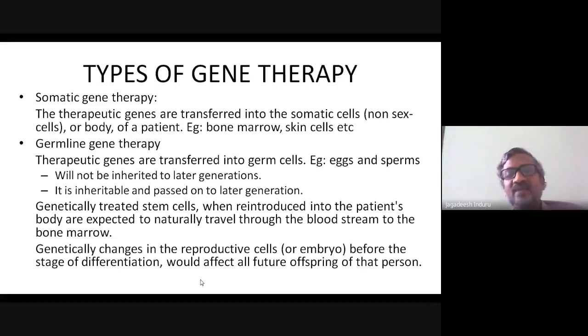So why can't we change the defect in the reproductive cell itself, so that the next offspring will not have that problem? This way it is okay, it is ethical, and we are giving a treatment, but not an advancement.